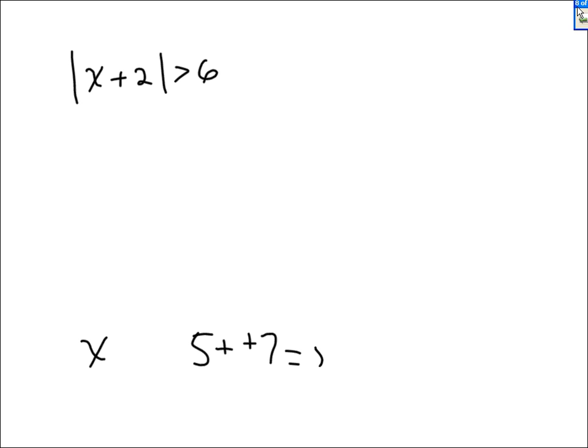Well, you may say, but what if you have x plus 2 is bigger than 6? Well, you're supposed to know that if somebody asked you to calculate 5 minus a negative 7, you would say change and change. But you know what? You can change and change again.